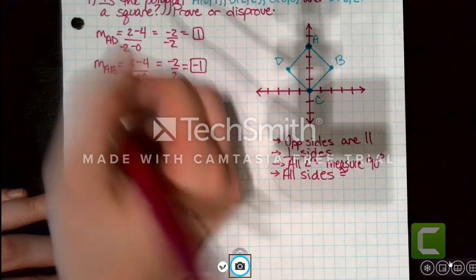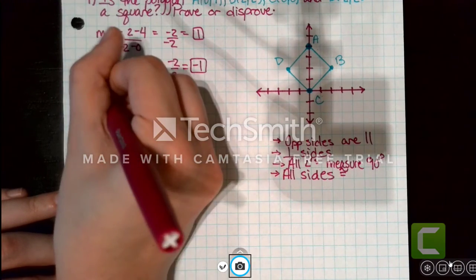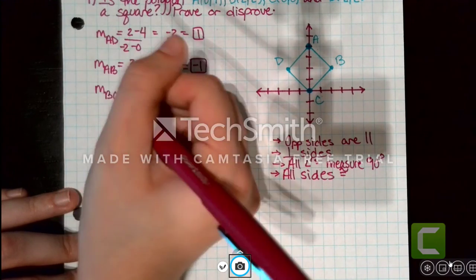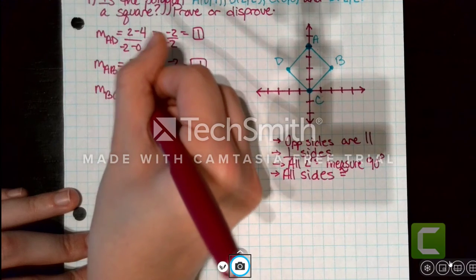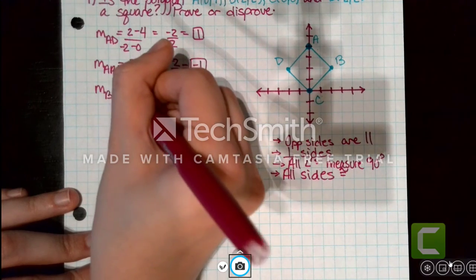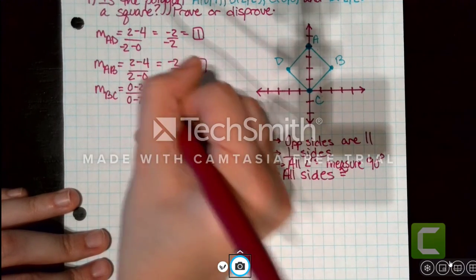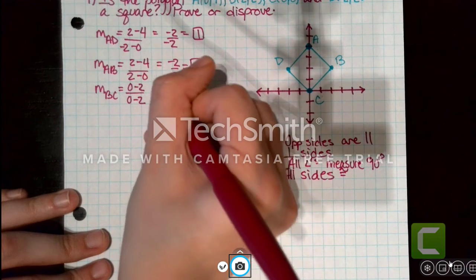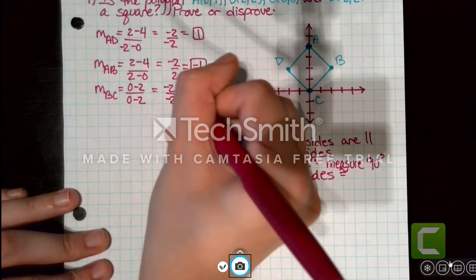The slope for BC is equal to 0 minus 2 all over 0 minus 2, to get us a value of positive 1.